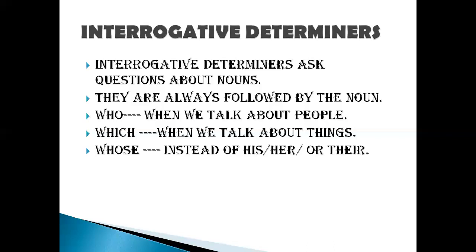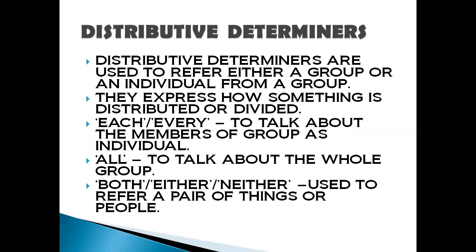Now let's talk about distributive determiners. Distributive determiners are used to refer to either a group or an individual from a group. They express how something is distributed or divided. As the name itself suggests, distributive, they tell you about the distribution or division of nouns or things. Examples of distributive determiners are each, every, all, both, either, neither.